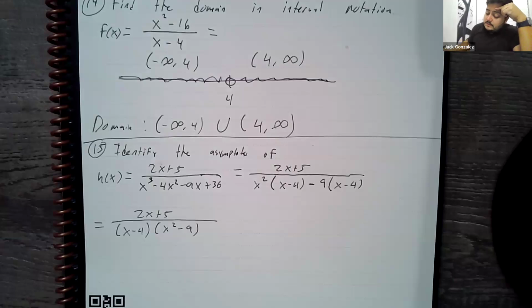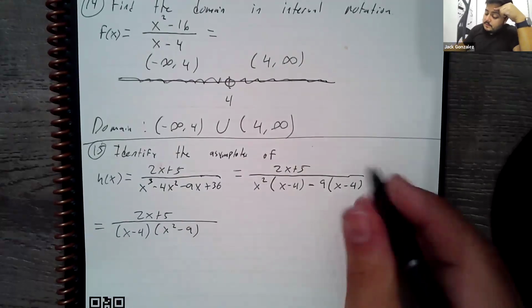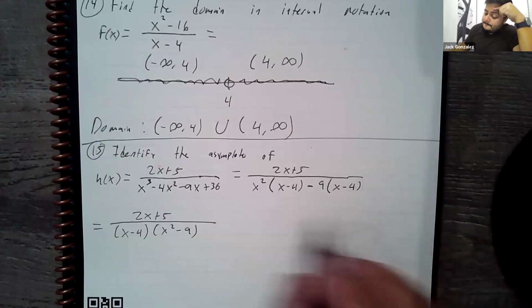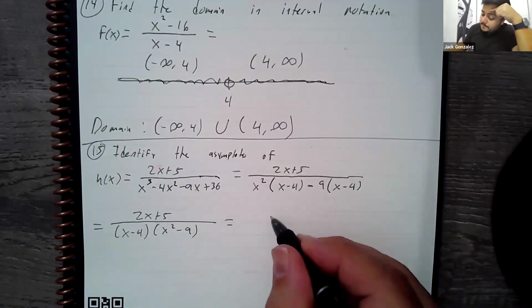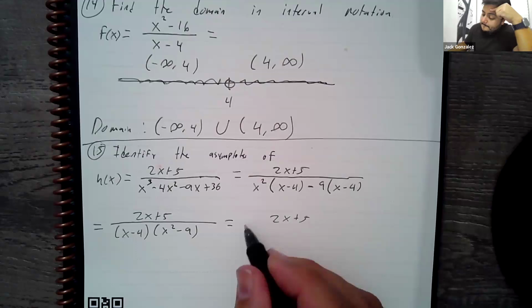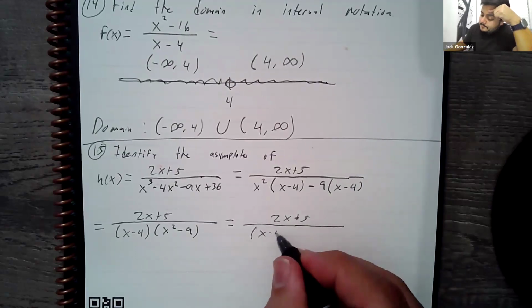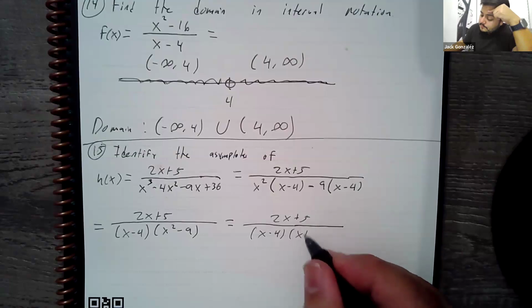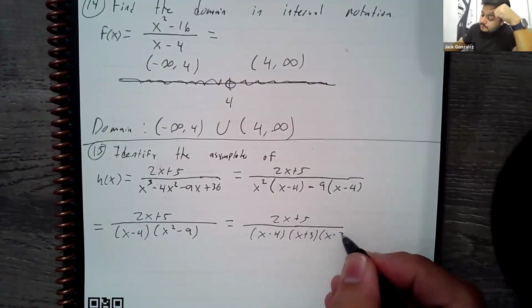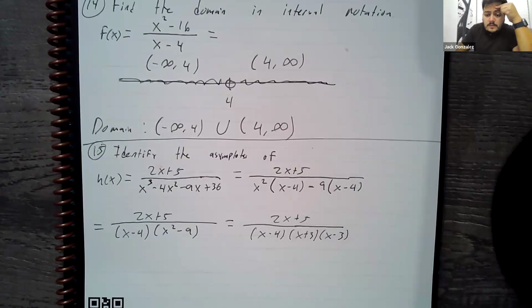That'll give us these factors. So we did grouping right here. Then we can factor further. Like this.